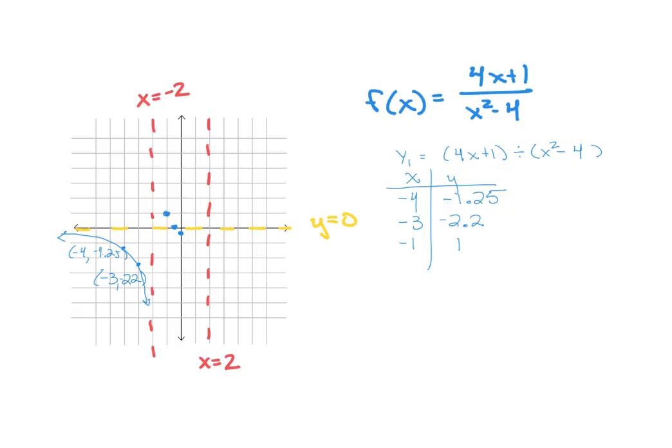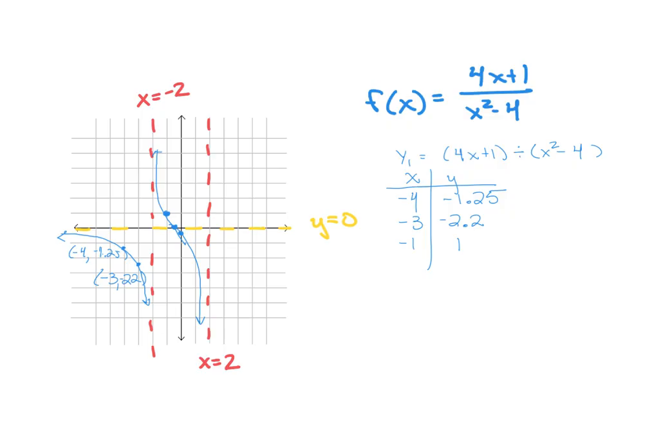If we plug in positive 1, I get negative 1.666666667, and I really don't feel like graphing that. But what we should see is that this middle piece looks something like this.